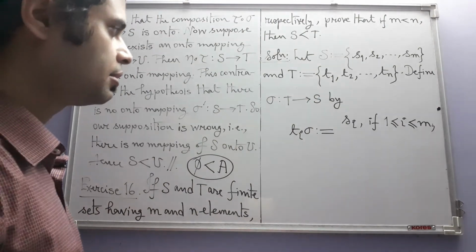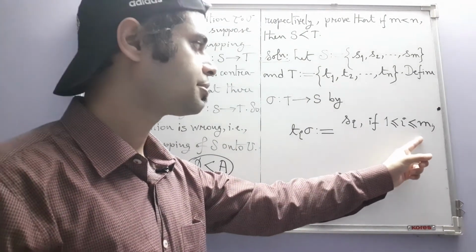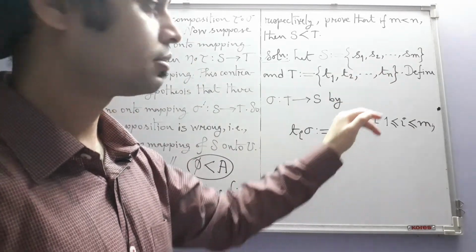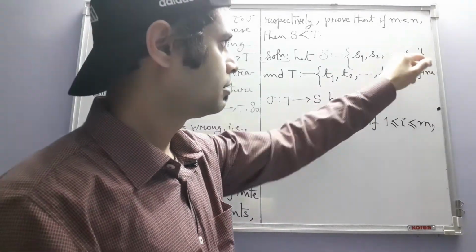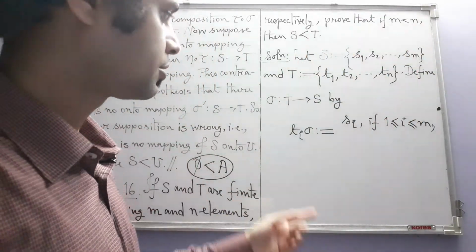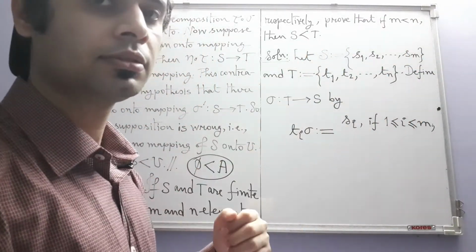Okay, this is easy to understand. If i lies between 1 and m, then Si makes sense because the suffix i in Si lies between 1 and m, so we can map Ti onto Si.